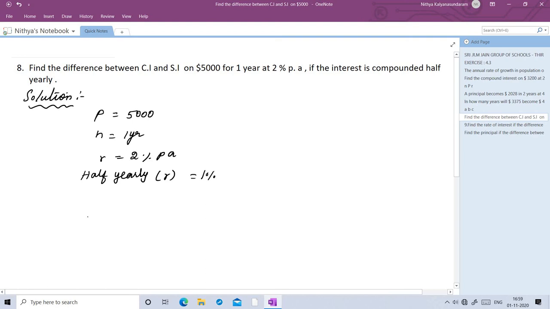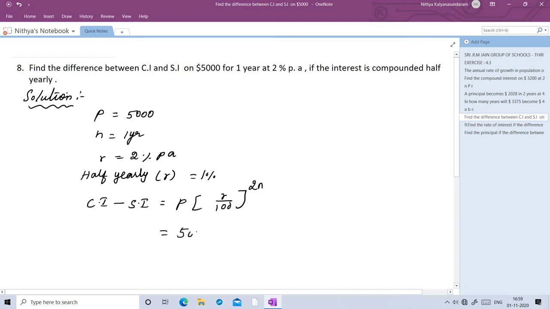Then the formula for the difference between compound interest and simple interest is: compound interest minus simple interest is equal to principal into (r by 100) whole power 2n. That means for compound interest half yearly, the power is 2n.